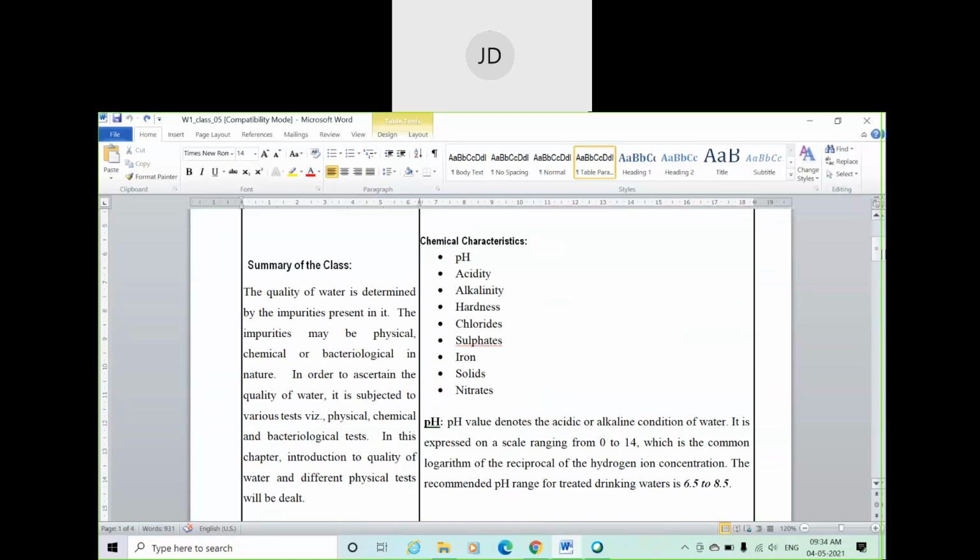Okay, we need a balanced amount of minerals in drinking water. If the water has no minerals, it is not good for our health. If it contains too much mineral, it is also not good for our health. We need a balanced proportion of minerals.